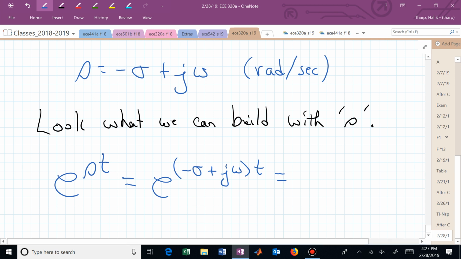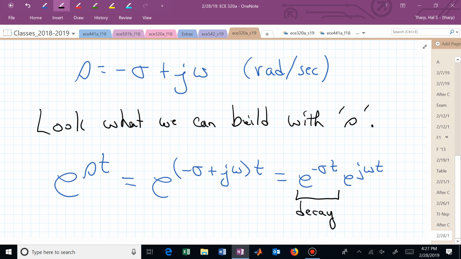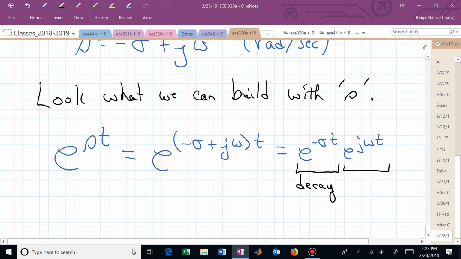Or I can now distribute that t through both terms, and I now have an e to the minus sigma t, and I have an e to the j omega t. Where this piece, that should look very familiar. E to the minus 2t, e to the minus 4t. That's this exponential decay. What is this e to the j omega t?